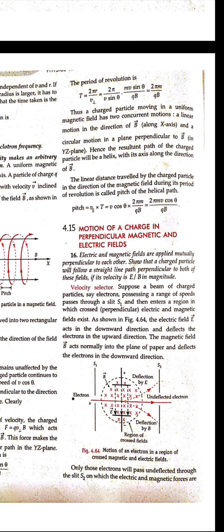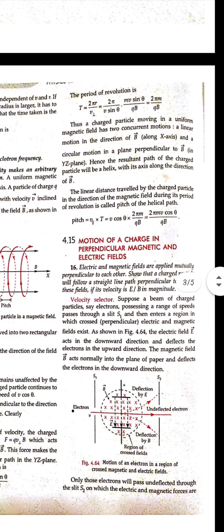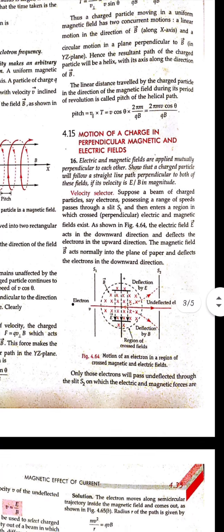It is given by v cos theta, because it is moving along the x-axis, and we are asking about the pitch, so the distance covered will be in the horizontal direction. So we take the horizontal component of v. It is given by v cos theta into 2 pi m upon qB, so the pitch is 2 pi mv cos theta upon qB. Okay, so this is the relation for the helical path. The distance covered by the particle in the helical path is said to be the pitch. This is the formula for the pitch of the helical path.